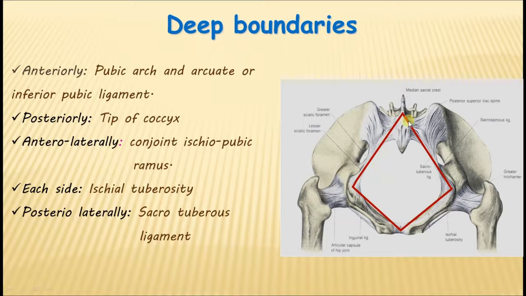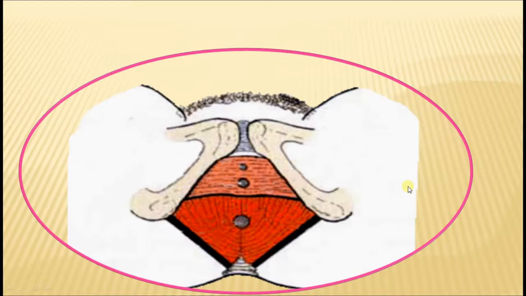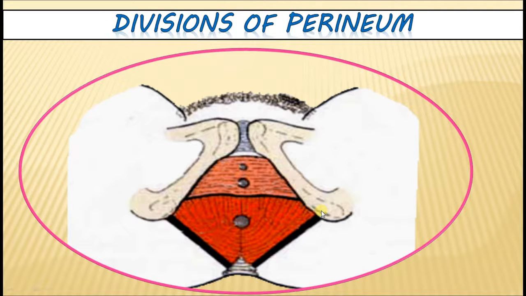This is a posterior-anterior view that you are able to see here. Now, for convenience and for understanding the structures, the whole perineum can be divided by an imaginary line passing along the ischial tuberosities.